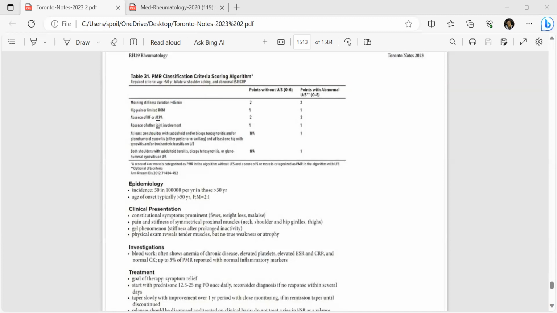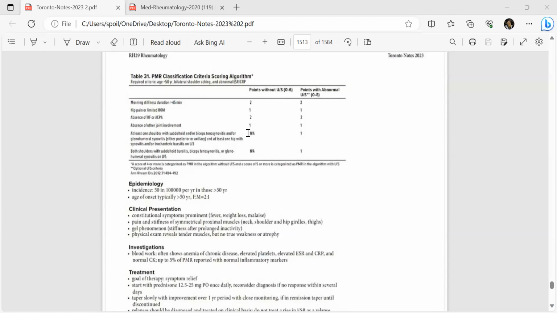Absence of RF or ACPA: there will be the absence of rheumatoid factor, and ACPA is anti-citrullinated peptide antibody. And then there is absence of other joint involvement.